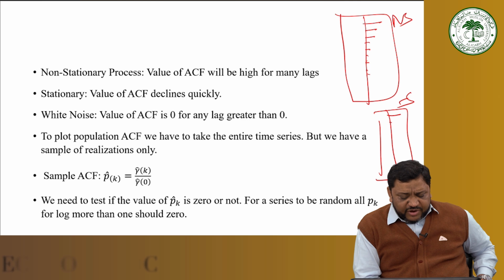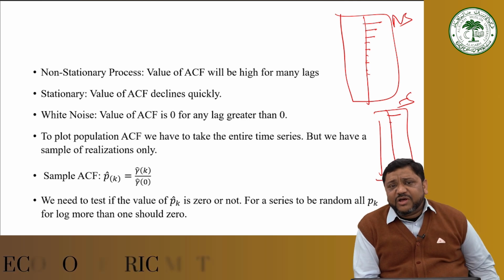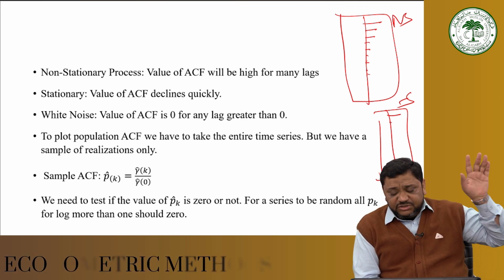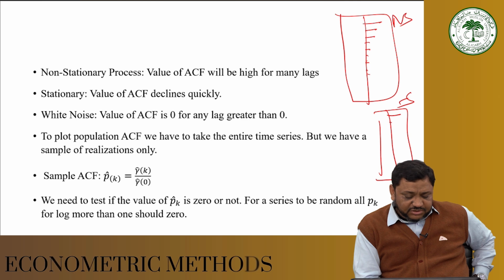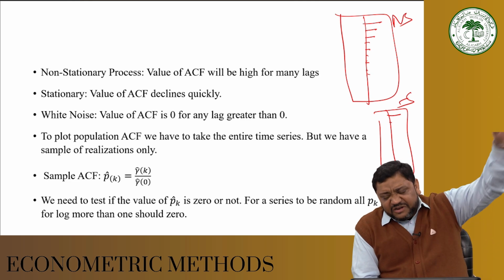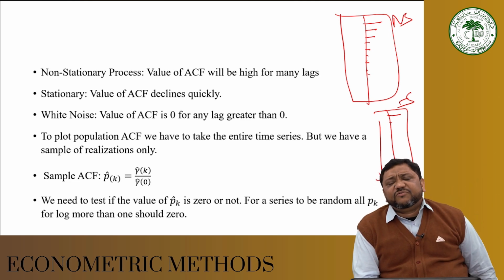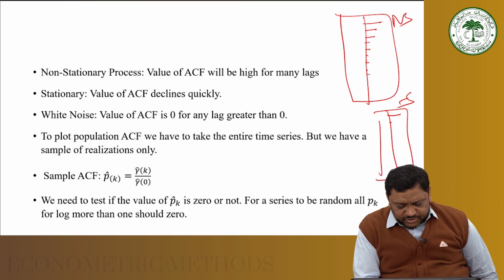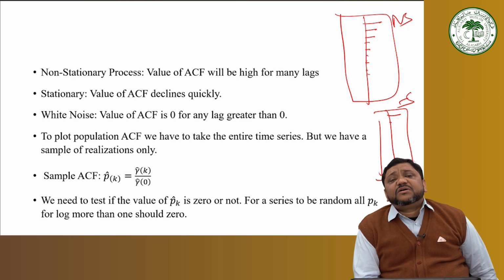Again, we have white noise. If it is white noise, the value of the autocorrelation function is 0 for any lag greater than 0. Now understand one thing: to plot this autocorrelation function, we need the entire time series, but many a time we are working with a sample of observations. So we calculate the sample autocorrelation function.